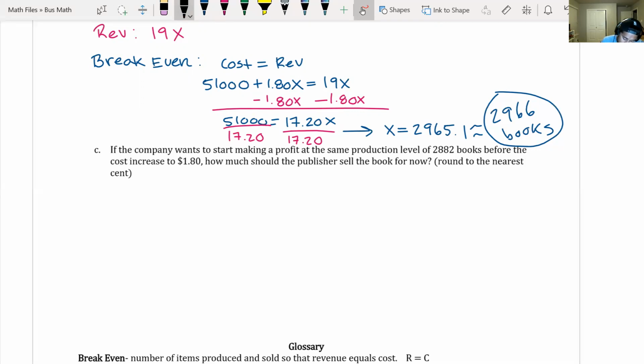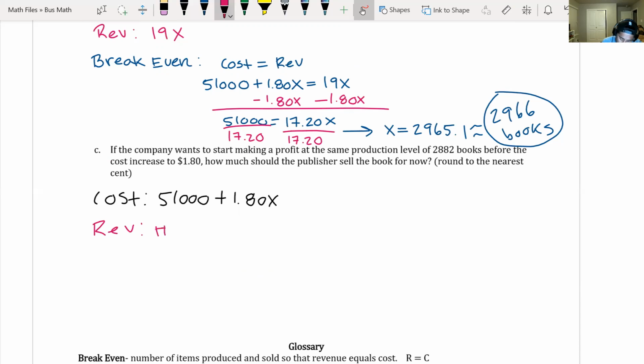So cost is still going to be 51,000 plus $1.80x. Revenue is now going to be, so remember, revenue is the number of items times price, right?